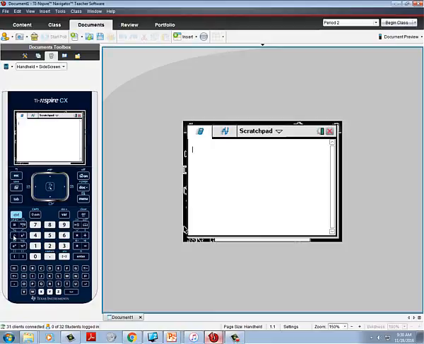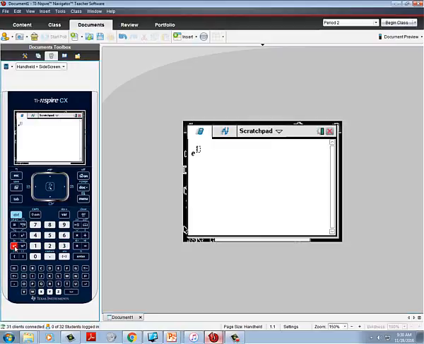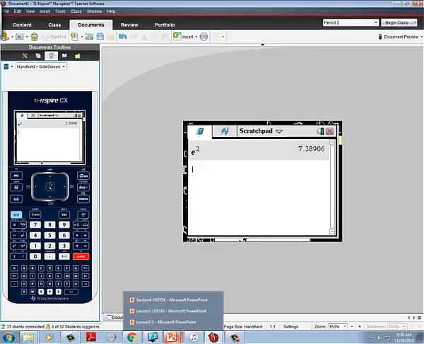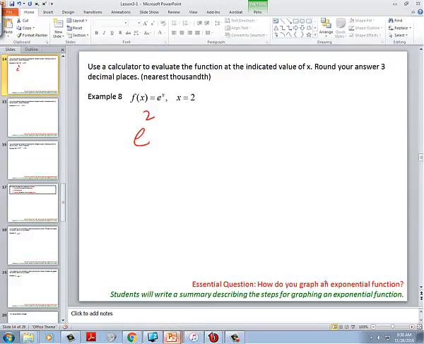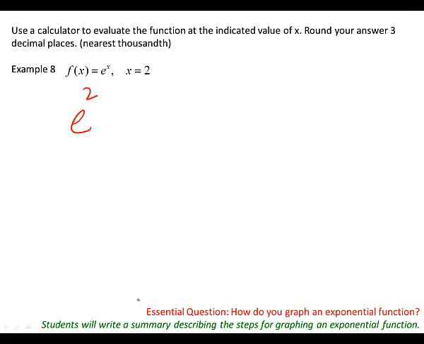Do you see where the caret button is that we were using earlier? Go down underneath it. It's e. Notice it's a bold E, and we said we were going to square it. So we would write down 7.389. I'm sorry, I said it wrong. 7.389.